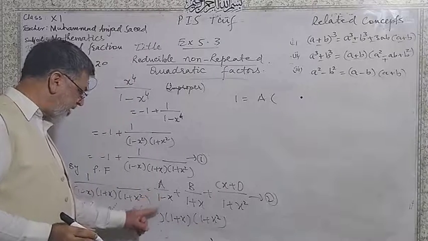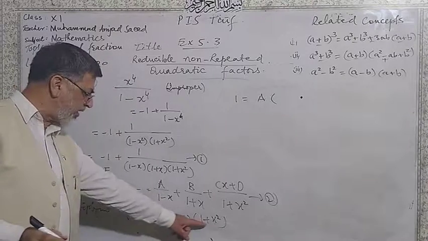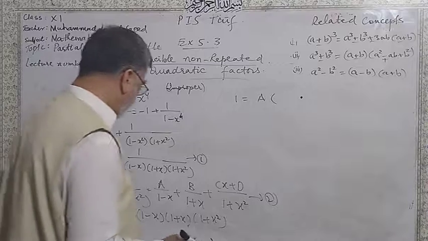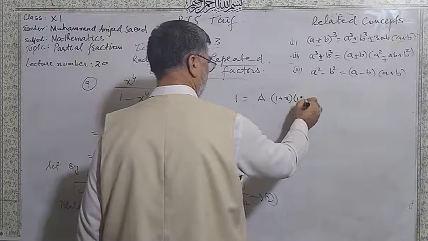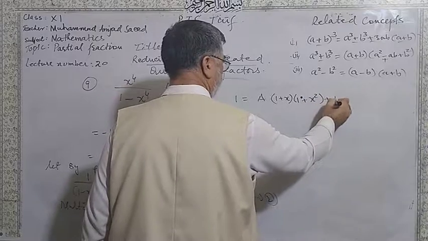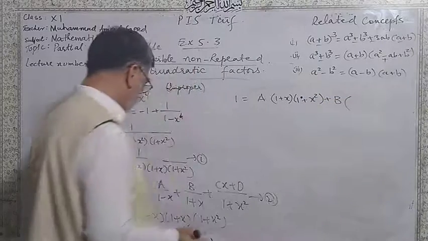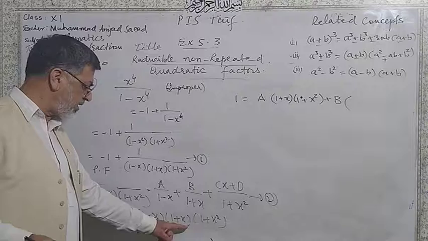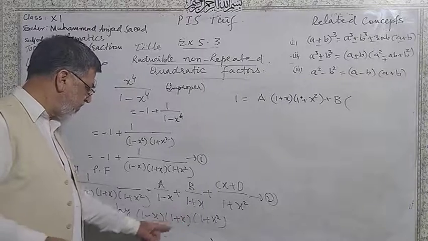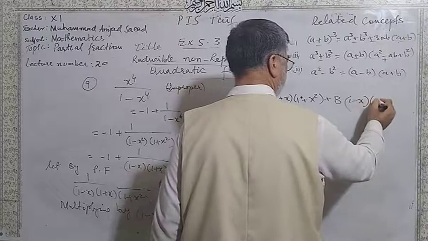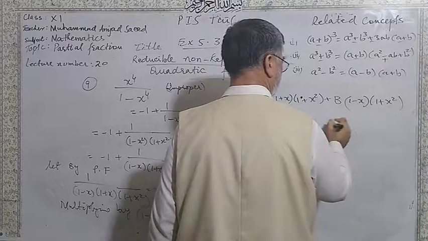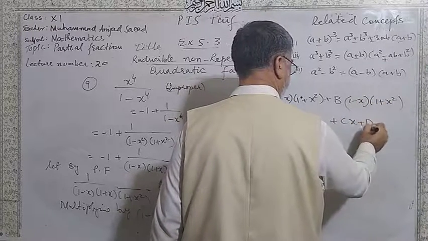Remember that 1 minus x cancelled out, we are left with these two factors, 1 plus x into 1 plus x square. Plus b into 1 plus x cancelled out. We are left with 1 minus x, 1 plus x square. Plus cx plus d.